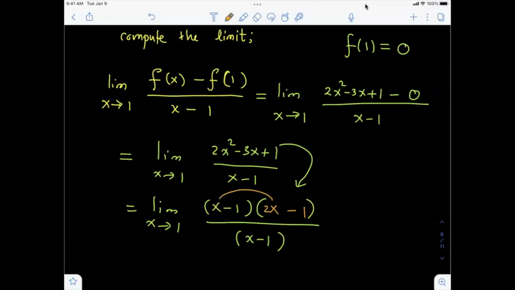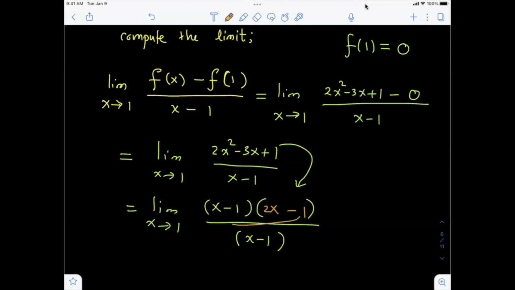Now look at this. When you combine the first two terms, you're going to get 2x squared. When you combine these two terms, you're going to get plus 1. So the first term and the last term would work out well. Now the question that you should really ask is, do we get this? If you do this perfectly, it's going to work, because x minus 1 is in fact a factor of this term. So how are we going to make sure? Let's work with the middle terms, right? When you multiply this, you're going to get minus 2x.